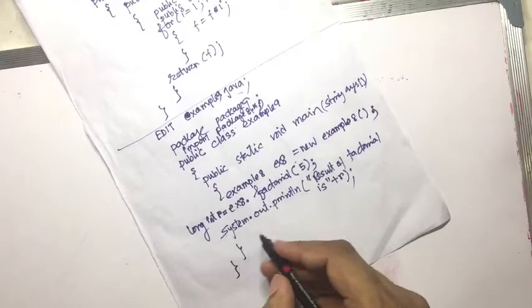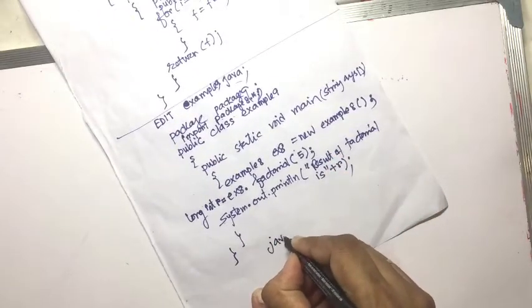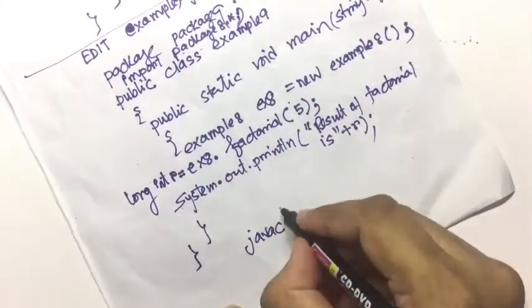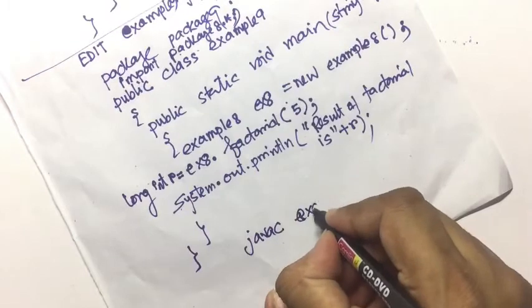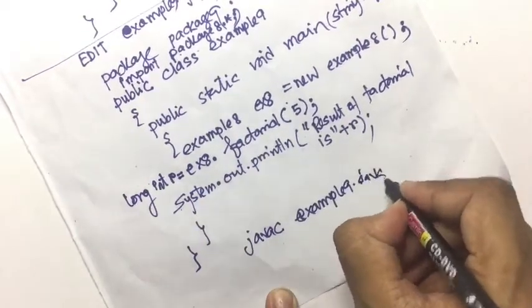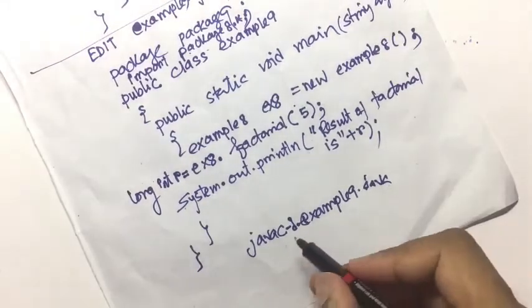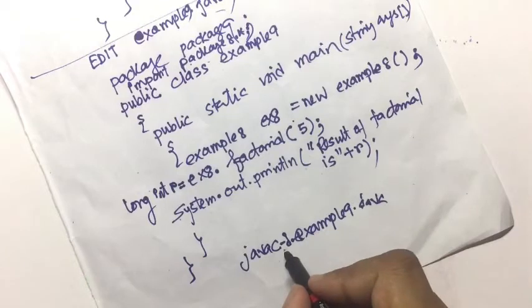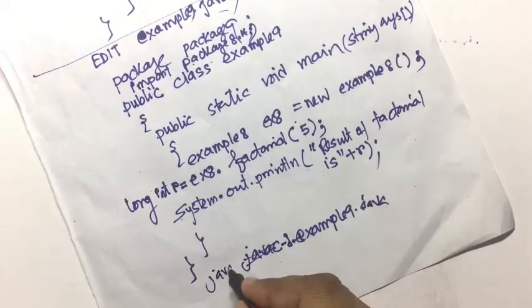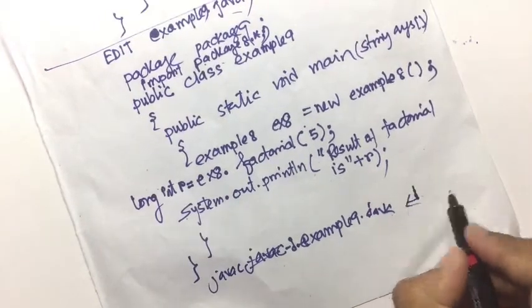Now we can compile the Java program. Javac example 9.java. Definitely there is a -d dot, this is automatic, you have to write this also. After javac there is a space, then -d dot, example in the current directory.